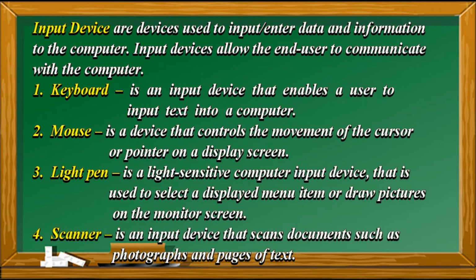Number 3. Light pen is a light-sensitive computer input device that is used to select a display menu item or draw pictures on the monitor screen. Number 4. Scanner is an input device that scans documents such as photographs and pages of text.